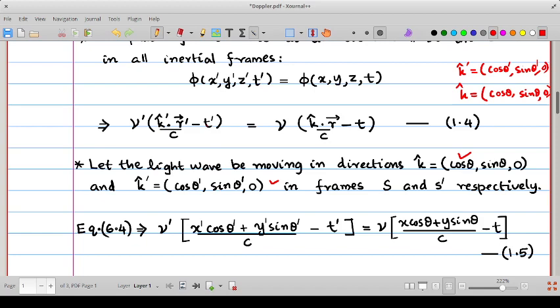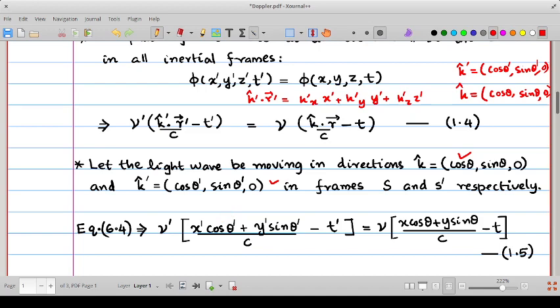And we can substitute this in equation 1.4. Then k' dot r' can be written as k'x x' plus k'y y' plus k'z z'. But k'x is cosine theta', so the first term is x' cosine theta', and that is what we have over here.